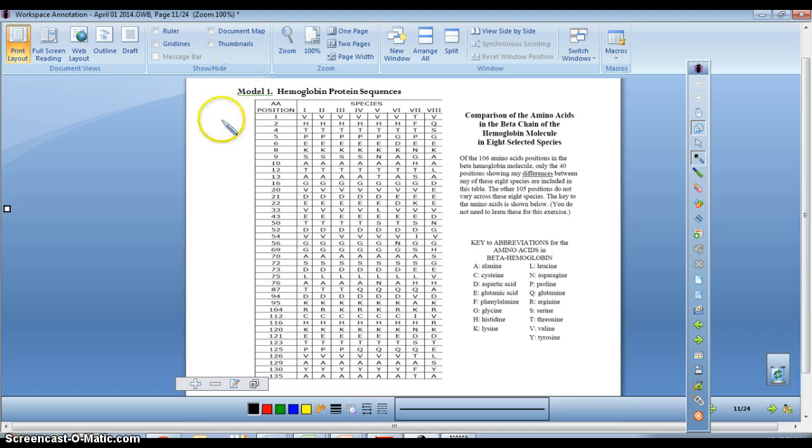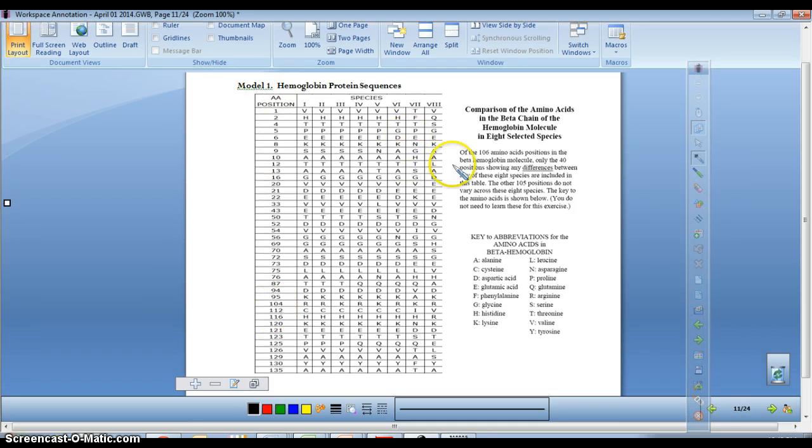Okay, if we look down here, model 1, in other words, it's talking about this diagram right here. We're looking at a comparison of the amino acids in the beta chain of the hemoglobin molecule in 8 selected species. So selected species just means they're selected.